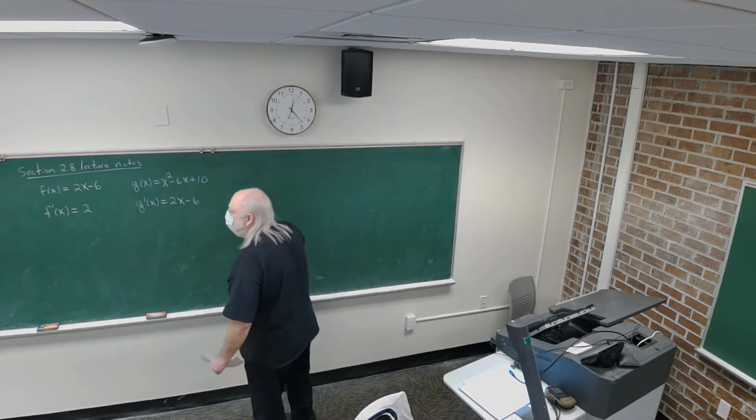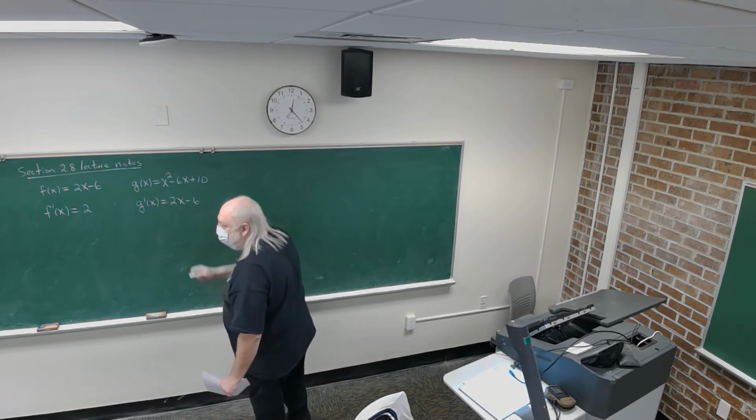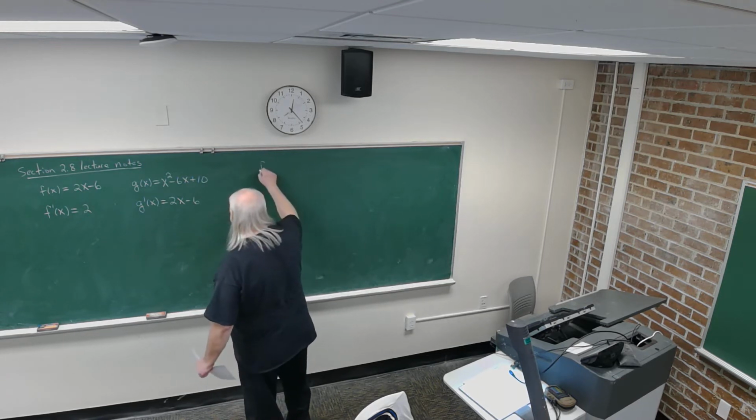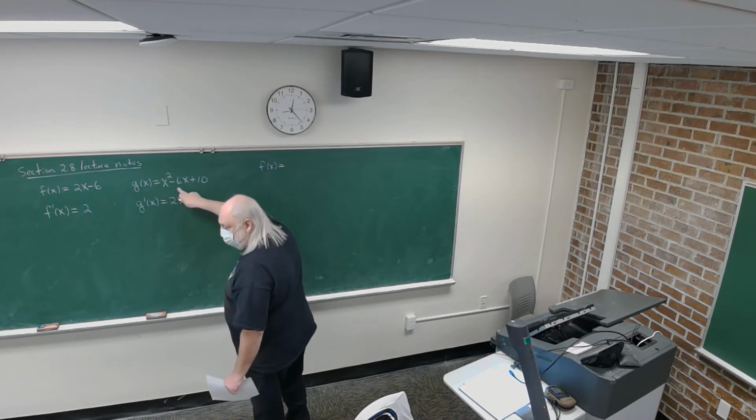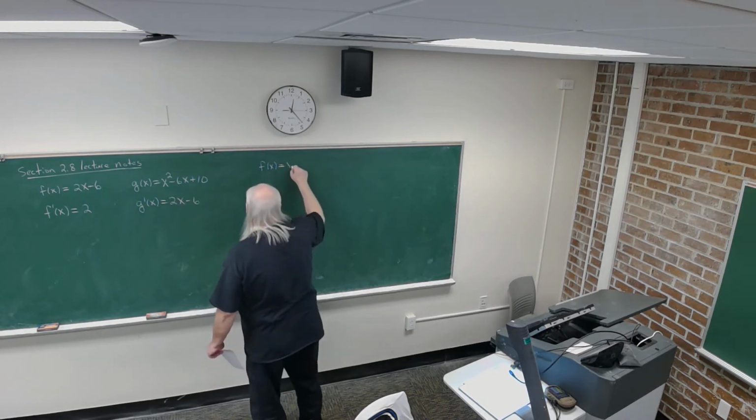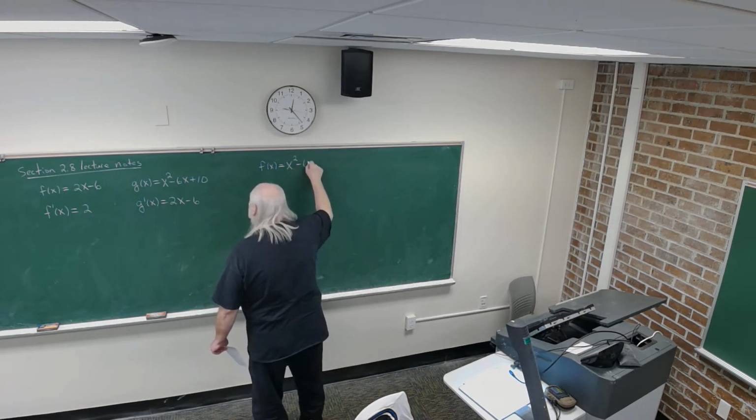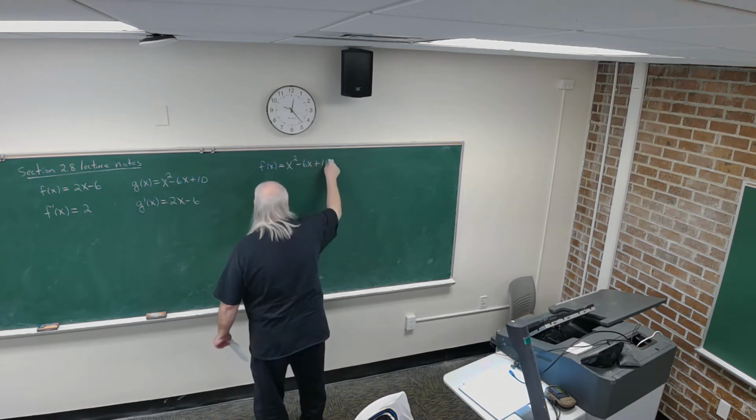I have changed the name of the function in this example. Here, f of x is now what g of x was in your notes: x squared minus 6x plus 10.